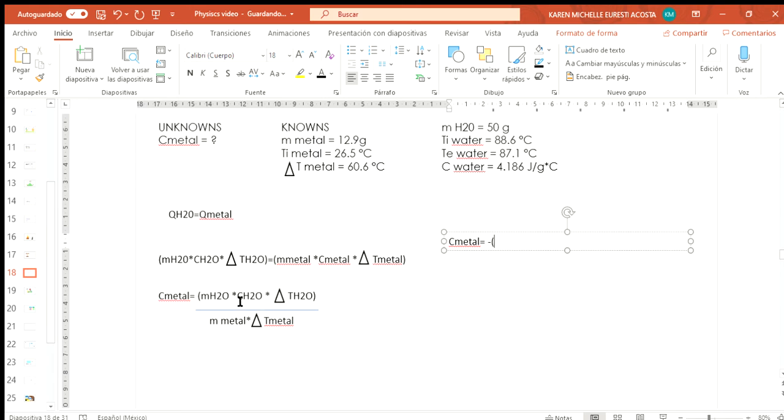Then we just replace all of the values and continue with the formula.